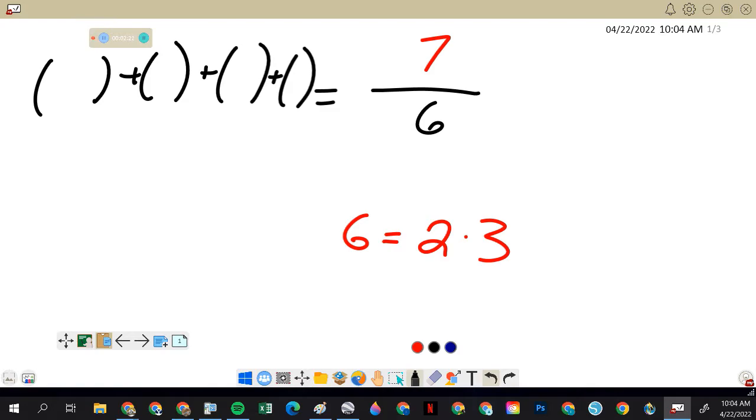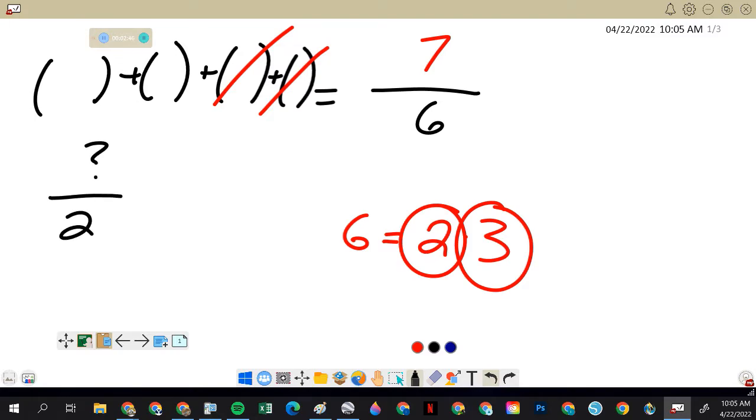And when we do that, it actually eliminates almost all of the possibilities. So, because 6 has 2 and 3 as factors, then I know that the possible fractions that created 7 over 6 are something over 2 plus something over 3.